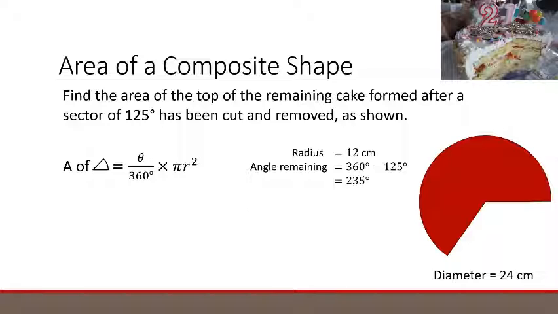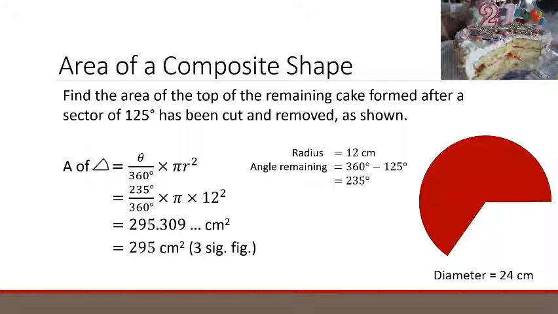We can still substitute theta for 235 degrees, and the radius, of course, is 12 centimetres. When we substitute, we can calculate that to get 295.309 centimetres squared, or 295 centimetres squared, correct to 3 significant figures. And there's our birthday cake. 295 centimetres squared of the original cake remains to be eaten later on.